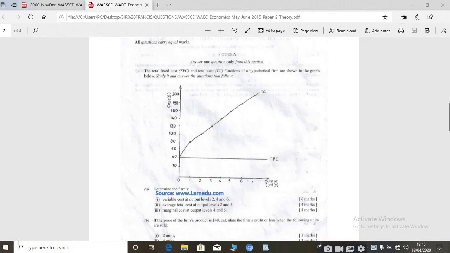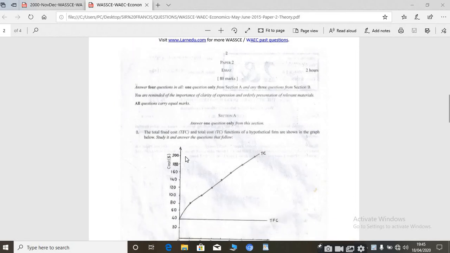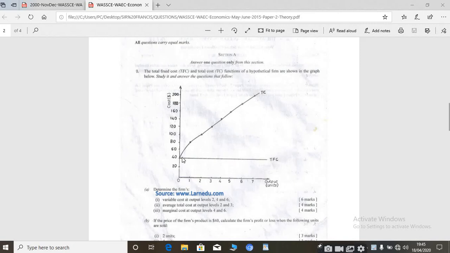As we've started with the economics past question, WASSCE 2015, paper 2, the essay part of it, Section A, we are dealing with question 1 by using this graph.